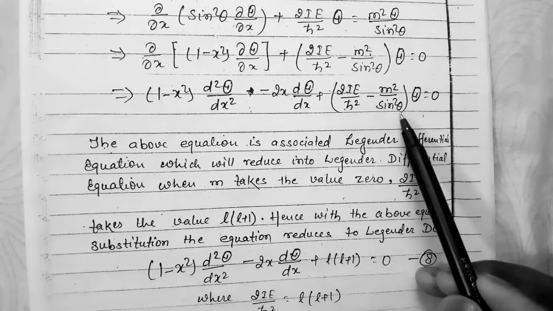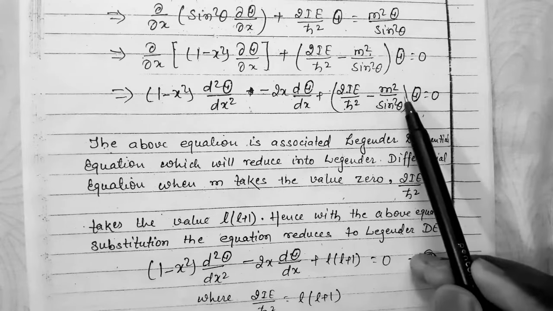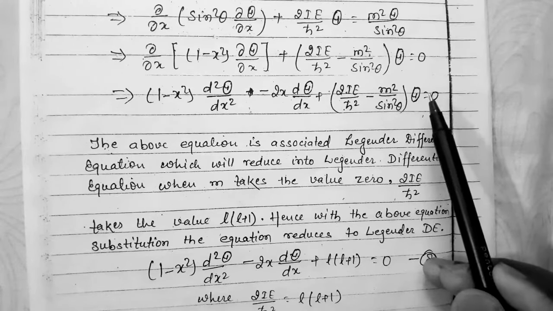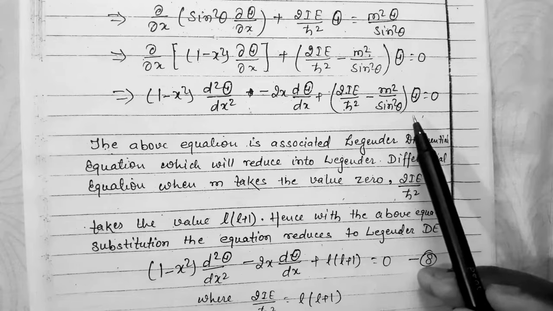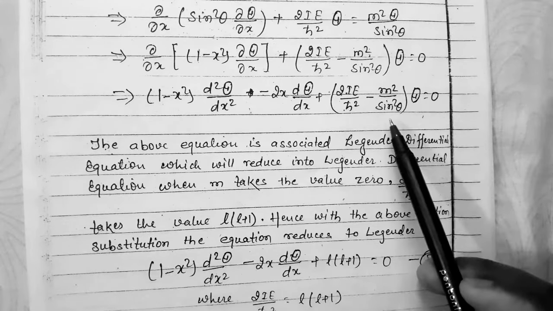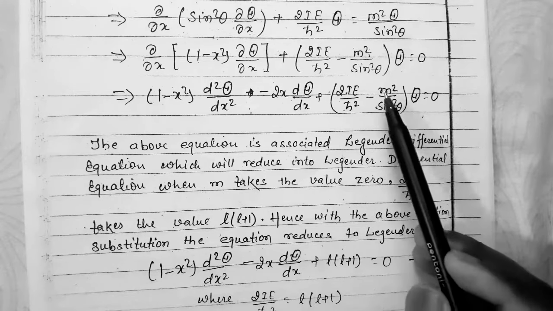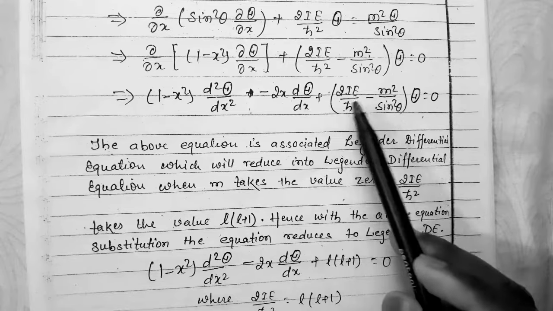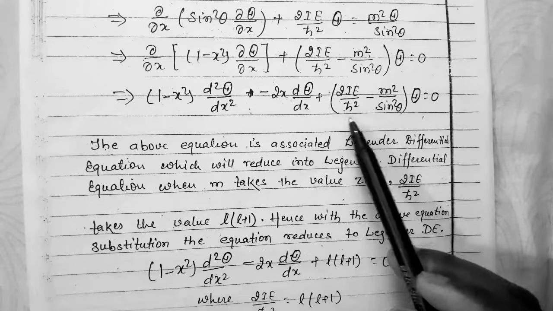m takes a zero value when we put m, because here we take the rest mass to be zero; we will talk about the effective mass. In this case the effective mass is taken into account, the m is 0, so n is 0, and we get 2IE divided by h cut square.